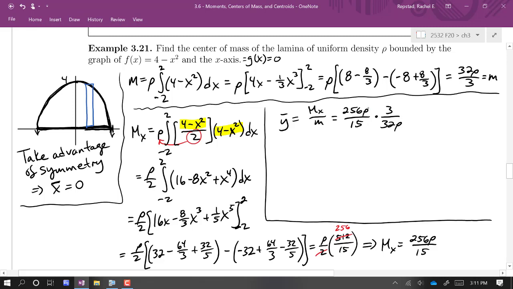This is all of uniform density, and it'll always be the case when you find the coordinates for the center of mass that those factors of rho cancel. 32 goes into 256 8 times, and 3 goes into 15 5 times, so we get 8 fifths. And so the center of mass is 0, 8 fifths.